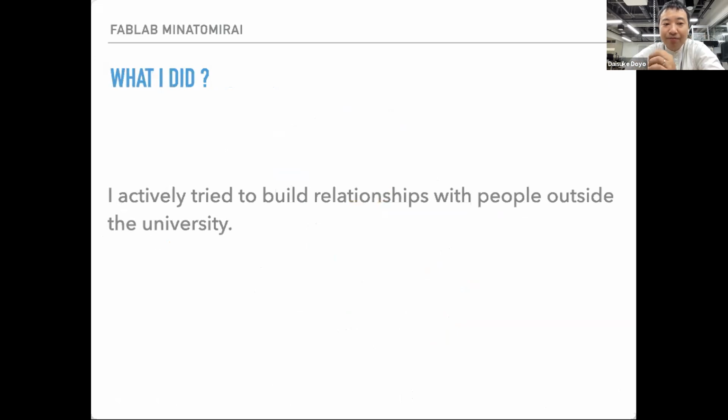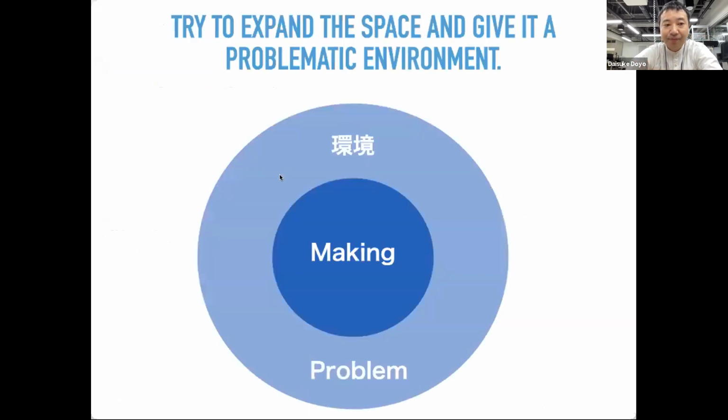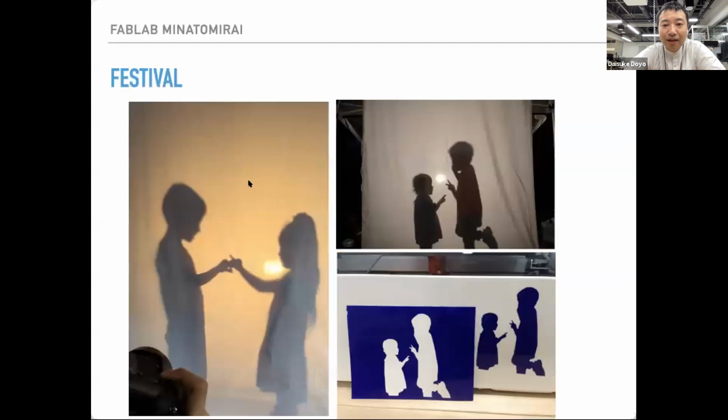Then I try to build a relationship with people outside the university. After that, they start making various things. At a regional festival, they opened a shop to make stickers from shadow pictures, which was very popular among the mothers.